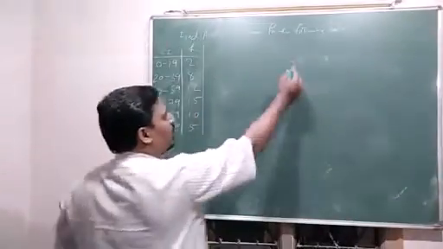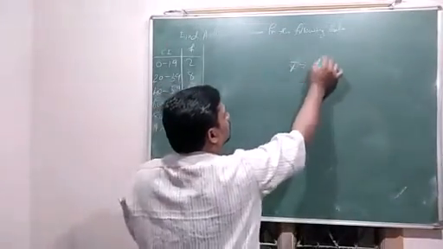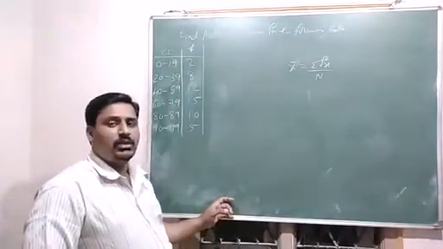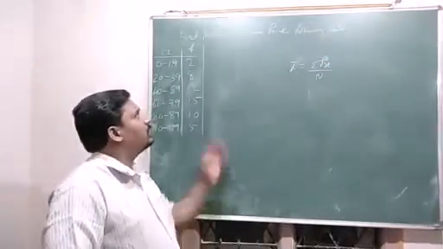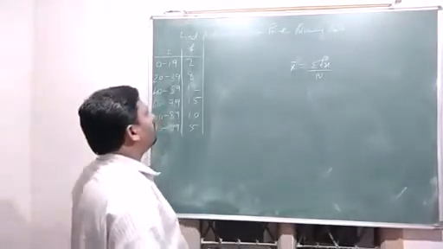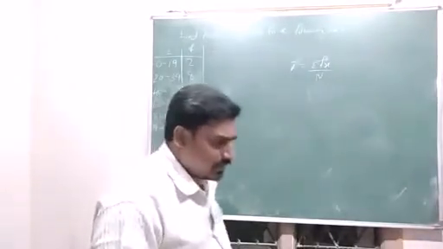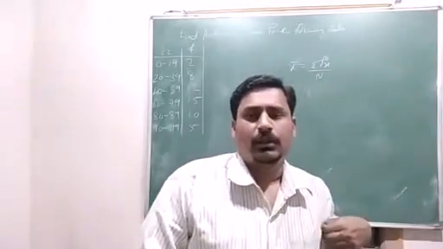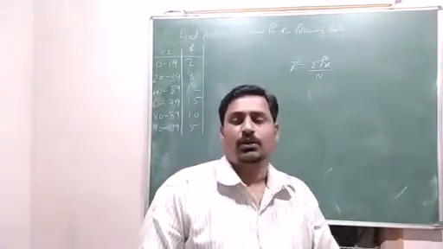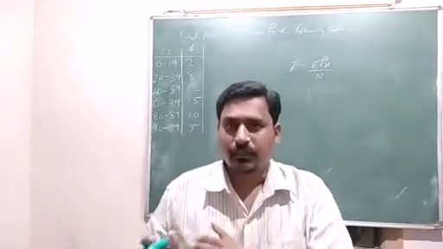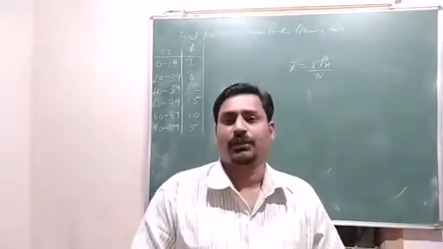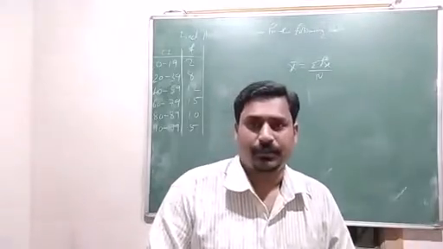So here the formula is x bar equal to summation fx divided by n, where n is the total of frequency, f is frequencies, and x is the midpoint of the class. So let us find a midpoint here, and remember one thing here. If you calculate midpoint for inclusive type of class interval and for exclusive type of class interval, we get the same midpoint.